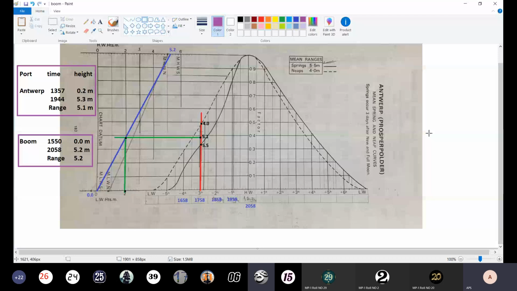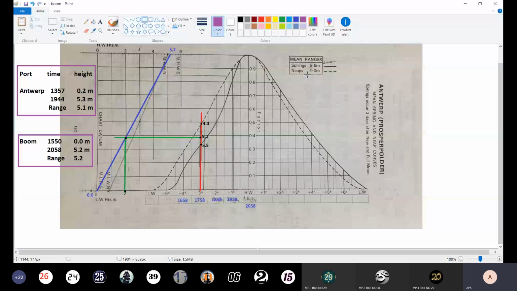But why are we taking range 5.1 at Boom? Yeah, correct. See, the problem is we are using this curve which belongs to the standard port. So spring range is made for standard port, 5.5. Neap range is made for standard port, 4.0. So you're using these two curves which use range for the standard port.